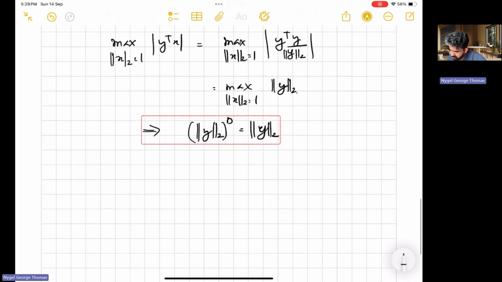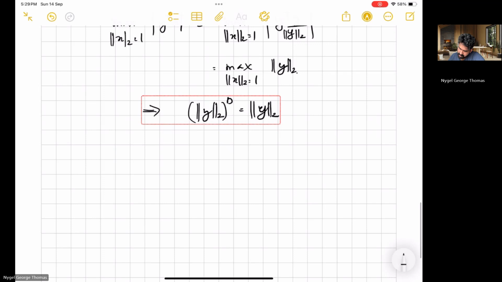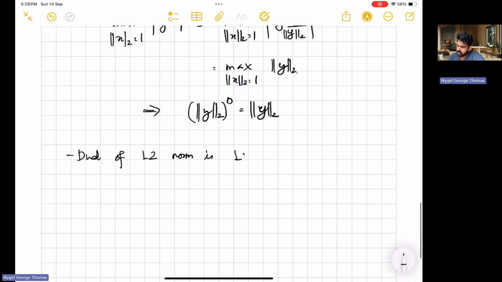What does this mean? This means that the dual of the L2 norm is the L2 norm, which implies the L2 norm is self-dual.